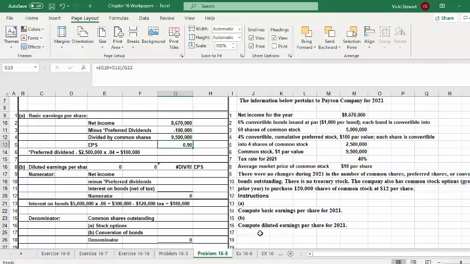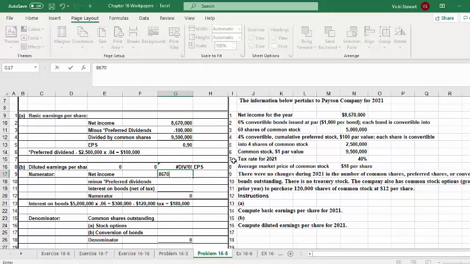Part B of the problem states compute diluted earnings per share for 2021. So I have my spreadsheet set up for it to calculate the numerator and the denominator and then show the totals up here and earnings per share. So you always start with basic earnings per share.